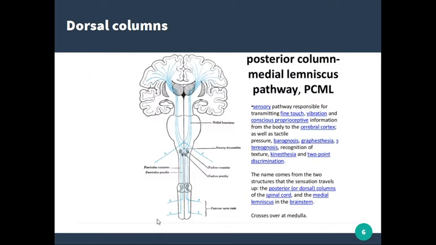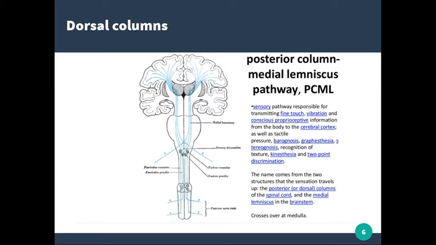So, another important aspect of our CNS is the dorsal column. The dorsal column, the medial lemniscus pathway, is important because it is a sensory pathway responsible for the transmission of fine touch and vibration sense, especially conscious proprioception. This is important.